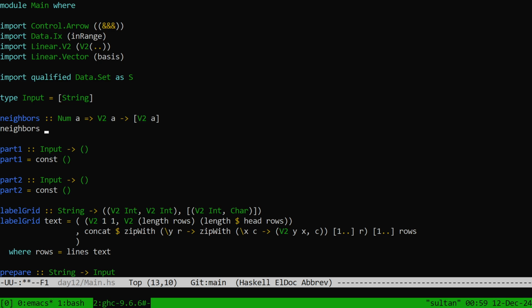Neighbors p, sure, is plus p. Well, it's this, right? So we ask for the two basis vectors of our coordinate system, choose arbitrarily whether to use the basis or flip it backwards, and then add the result to p.